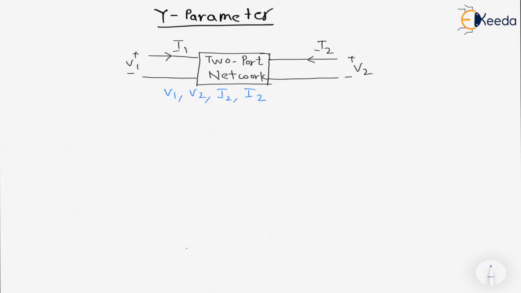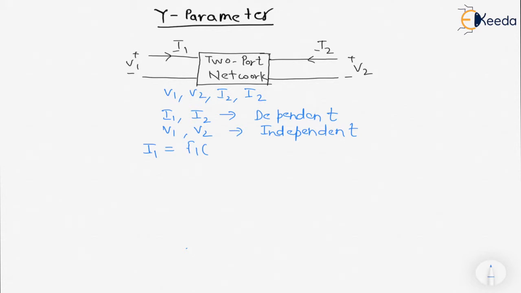In Y parameter case, I1 and I2 will be dependent and V1 and V2 will be independent. It means I1 can be written as F1 of V1, V2 and I2 can be written as F2 of V1, V2.